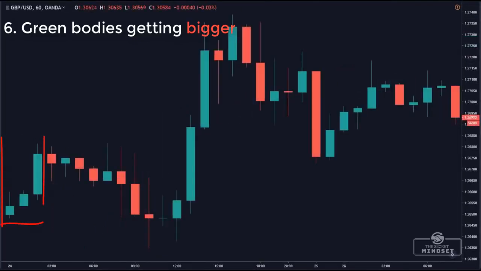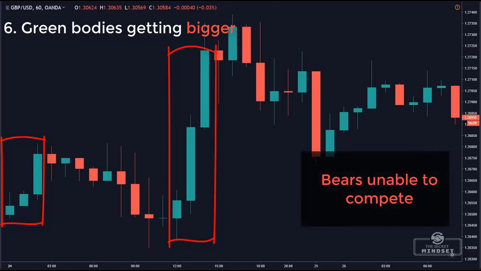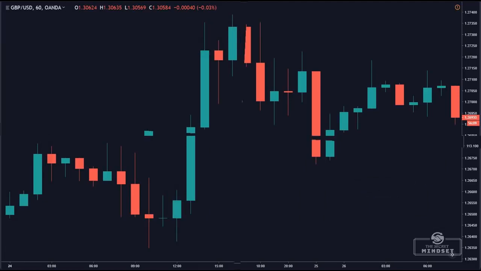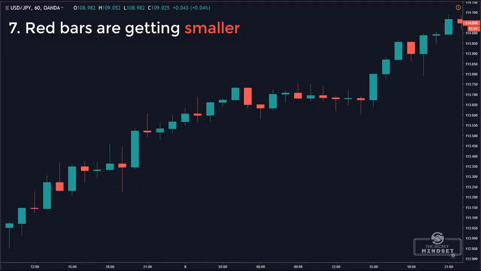This kind of price action suggests that the bears are unable to compete with the strength of the bulls. Also, during a market controlled by the bulls, the red bars are getting smaller, as the bears can't drive the price down.